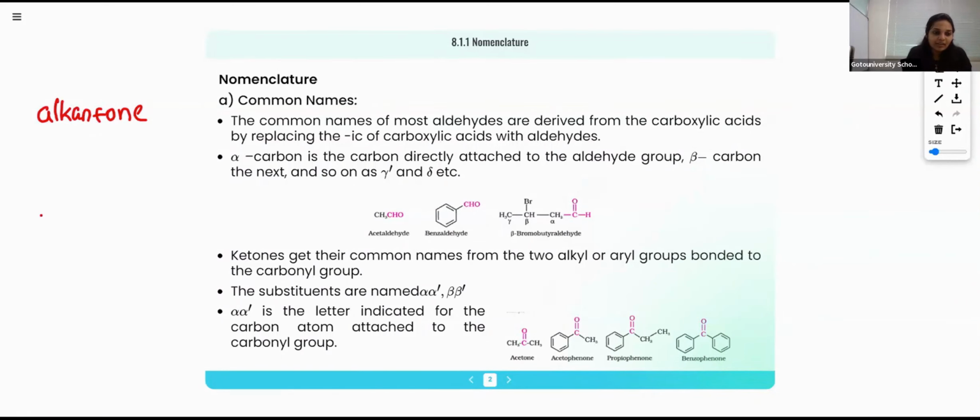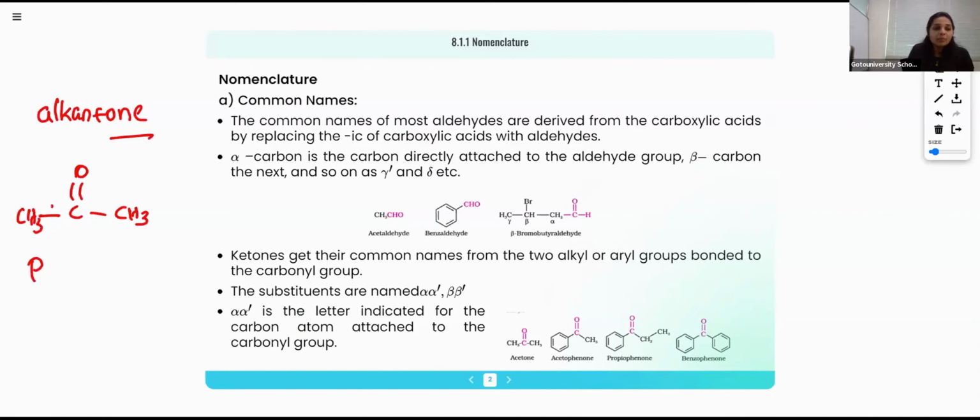See, one example I will give you. CH3, C double bond O, CH3. How many carbon atoms are here? 1, 2, 3. So normally 3 carbon atoms we will call it as propane. So what you have to do? Remove E and add one.